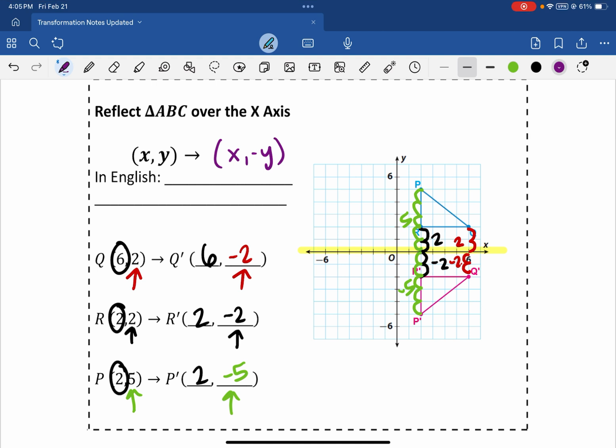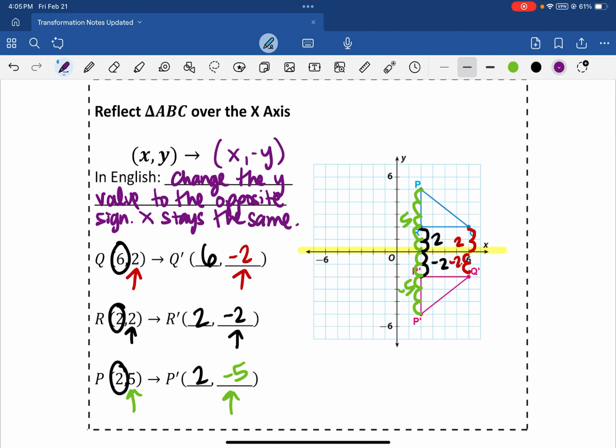This means that you change your y value to the opposite sign, and x stays the same. That is the rule for when we are reflecting over the x-axis, and it will work every single time.